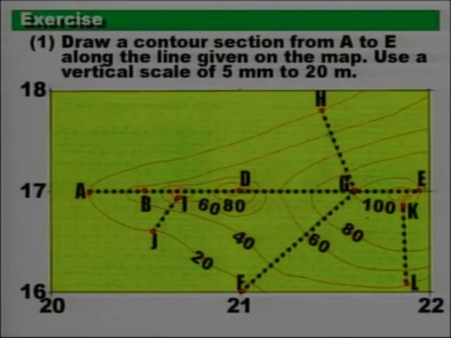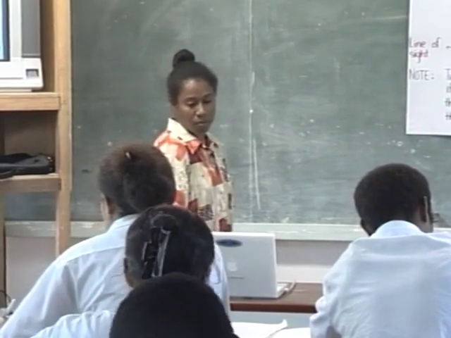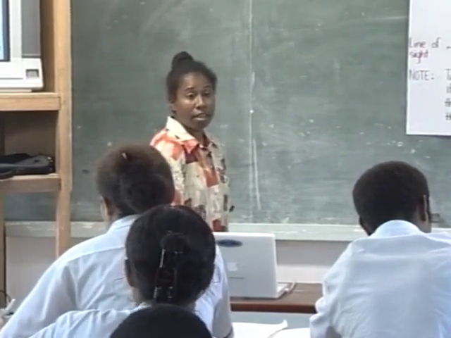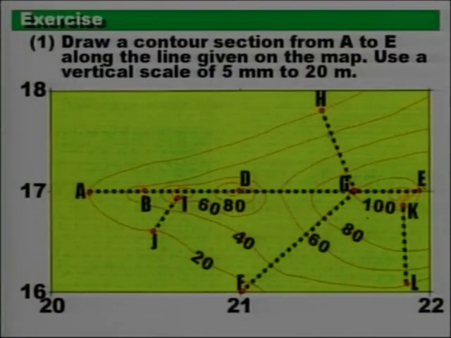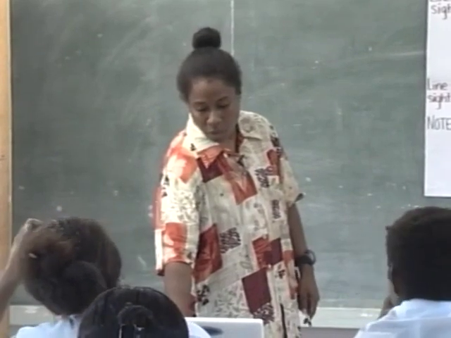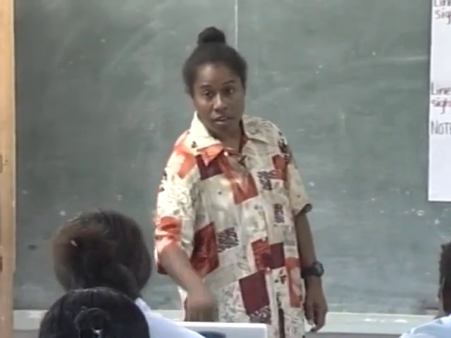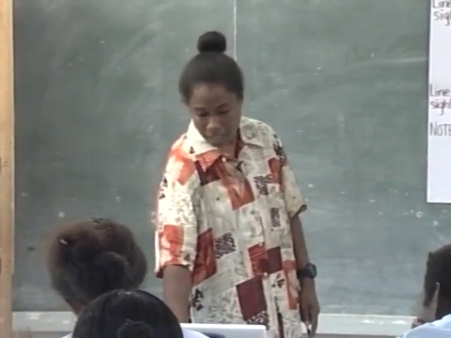Okay, we're going to go through and check the answers now for those activities. Okay, we go back to the first question, the construction of the cross-section from A to E. Note that it is important you use the vertical scale because the scale has been given, so everyone should use the same scale of 5 millimeters for every 20 meters you go up. So you double check when we look at the answers, we should have the same shape of the graph because we are all using the same scale.